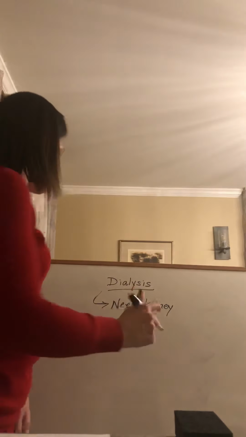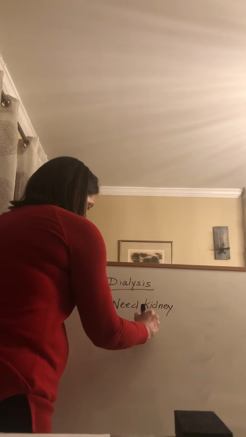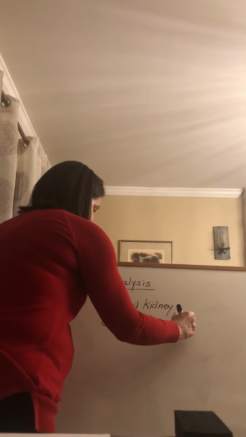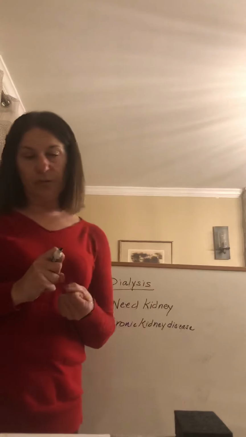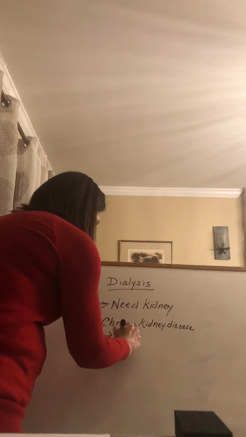When someone has a chronic kidney disease, not necessarily failing, they might be at risk or at the beginning stages of failure. Some of the things you would need to do would be to limit certain items in the diet.